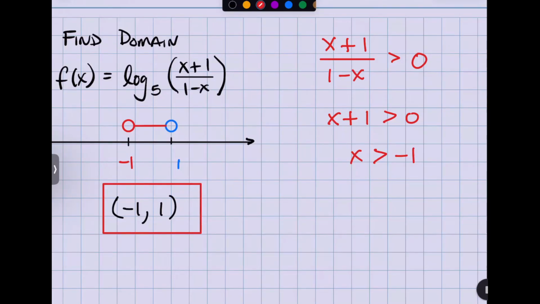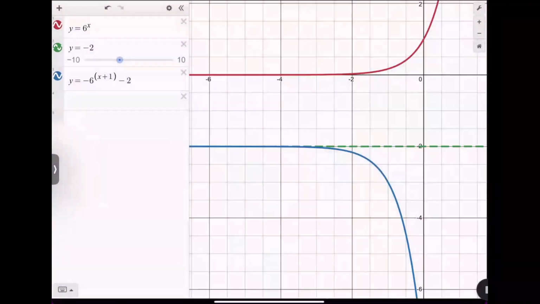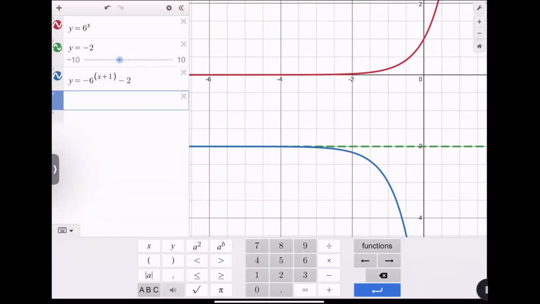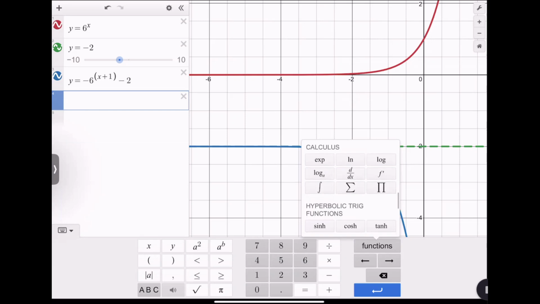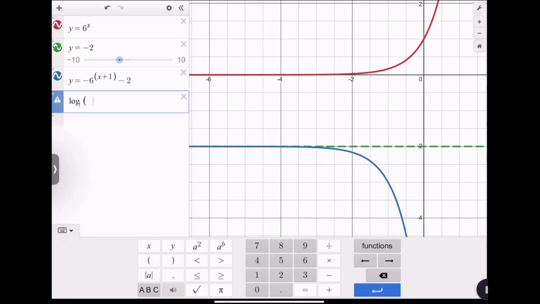Ooh, let's see what this graph looks like. Now I'm curious. It was log base 5 of the fraction, what was it? X plus 1 over 1 minus x.